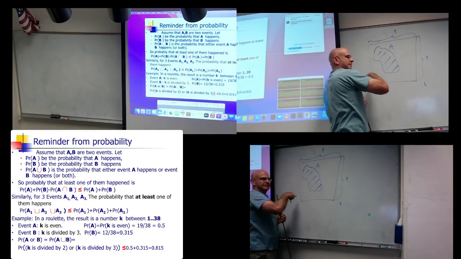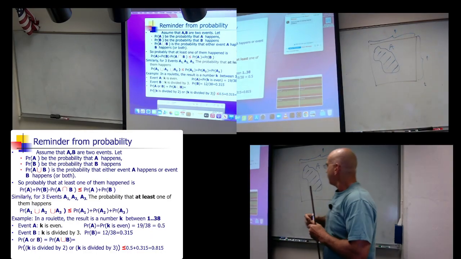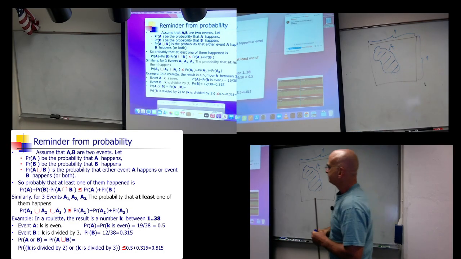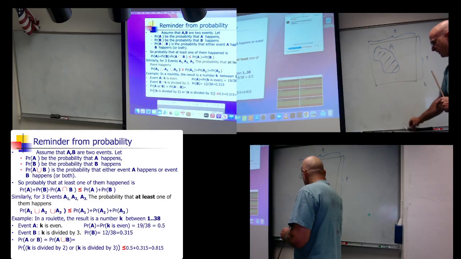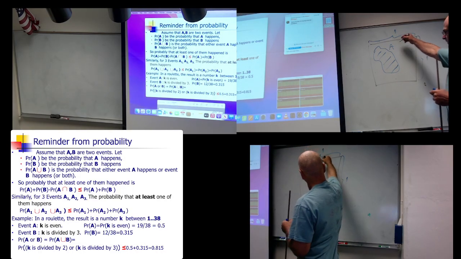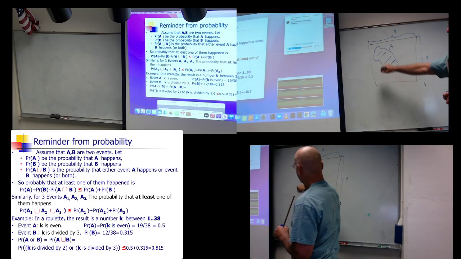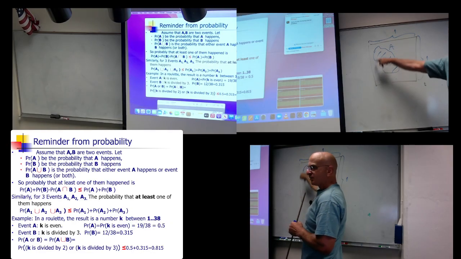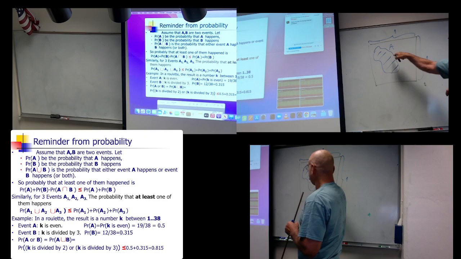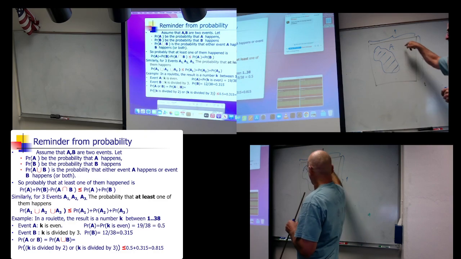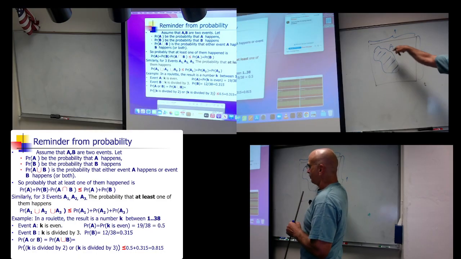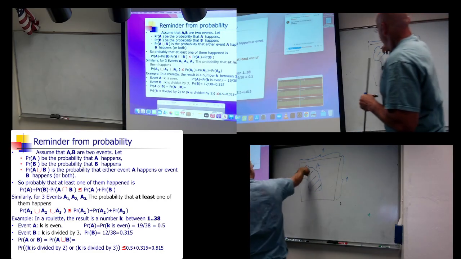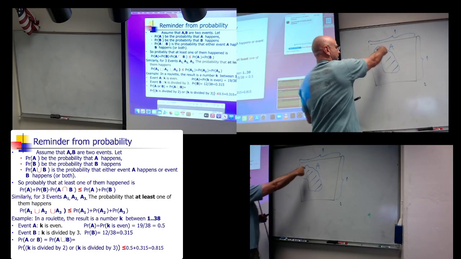Its area is 1 meter by 1 meter, and inside it there is some shape that I'll call A. And I'm tossing a dart out there, and I'm sure to hit the square, and each point on this square has exactly the same probability that I'll hit it. I'm completely uniformly distributed inside this square. What is the probability that I hit A? What is the probability that my dart hit exactly A?